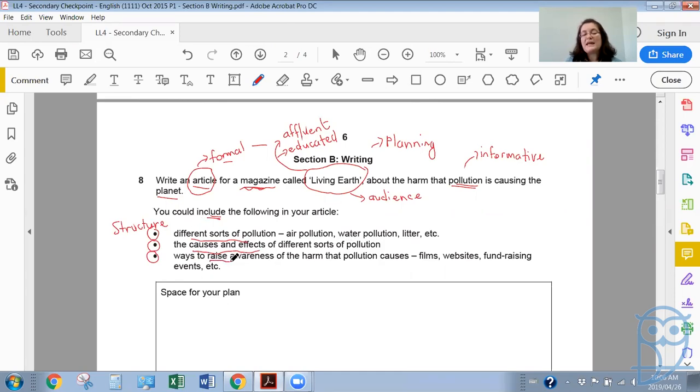Ways to raise awareness of the harm that pollution causes through films, websites, fundraising events, etc. It says you could include, but I would include them, because it gives you a bit more to write about. You've got some sort of structure to stick to, so include them.